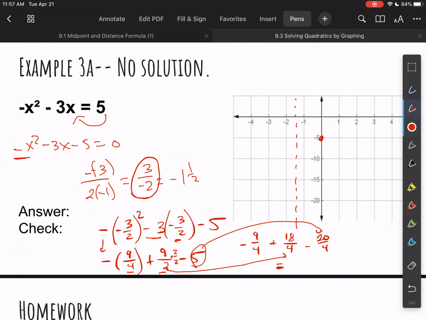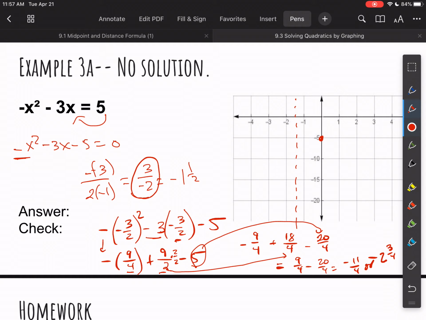Okay, so now negative 9 fourths plus 18 fourths gives me 9 fourths. 9 fourths minus 20 fourths gives me, well, 9 minus 20 is negative 11 fourths. Let's figure out what that is as a mixed number. 4 goes into 11 2 whole times. We're left with 3.